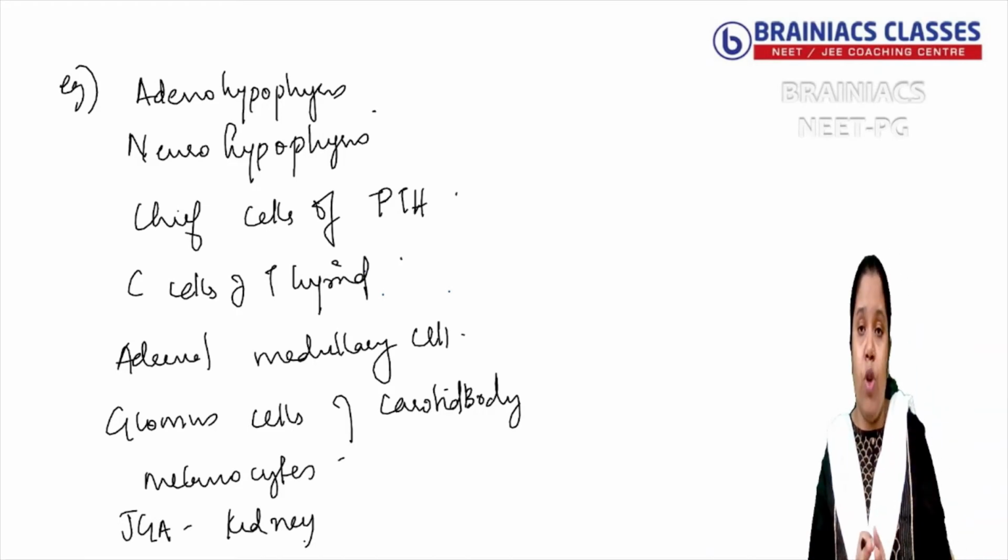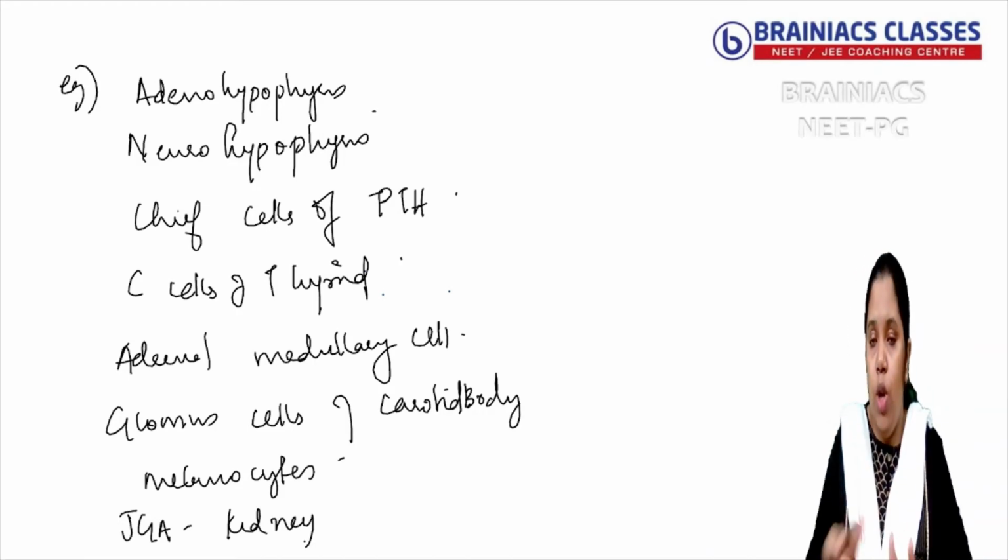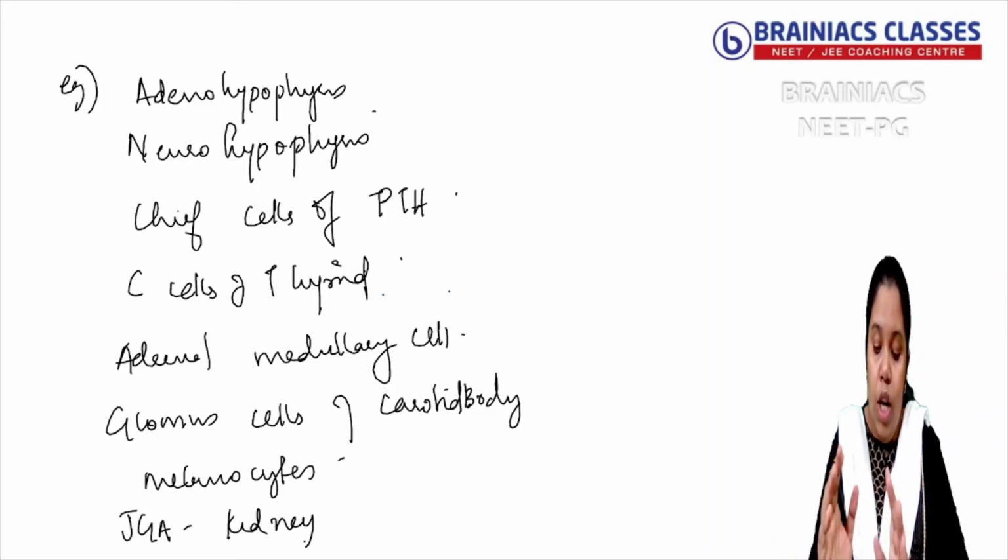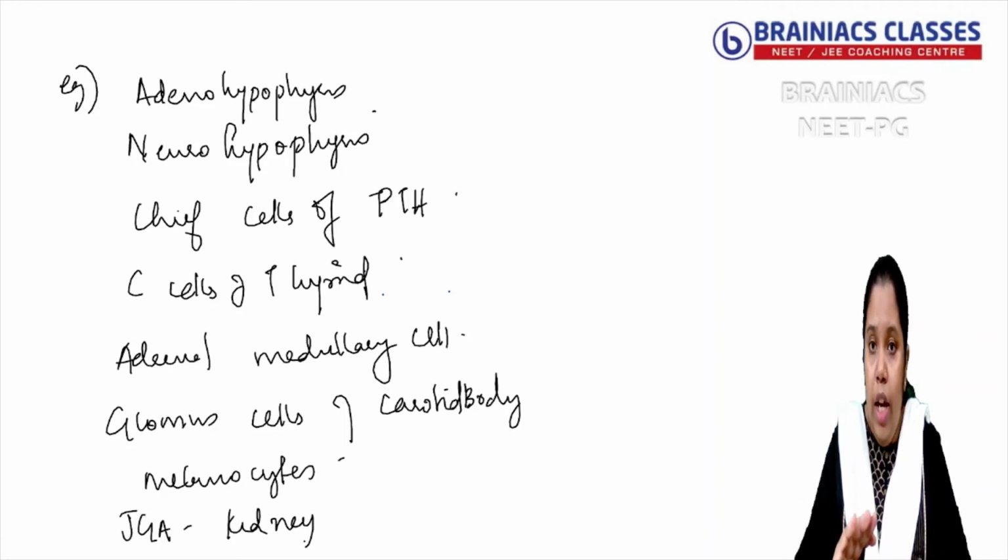These are the examples of Apud cells. So this is about the adrenal gland and the endocrine system.